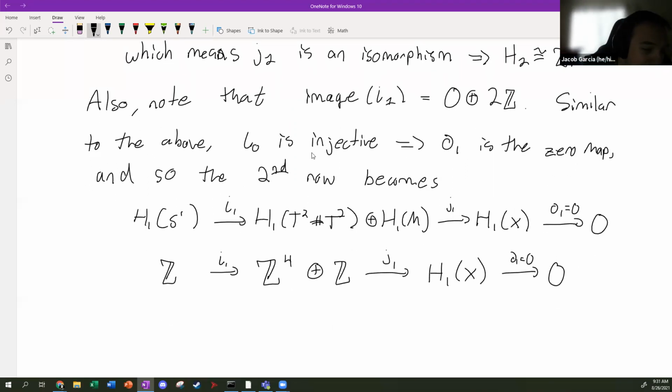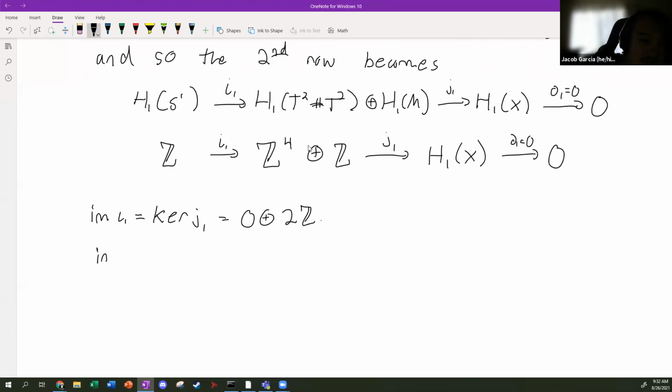Okay, so the image of J1 is the kernel of J2, J1, because this is an exact sequence. And as I just noticed, this is 0 plus 2Z. The image of J1 is the kernel of this boundary map, which is 0 because it's the 0 map. So J1 is surjective.